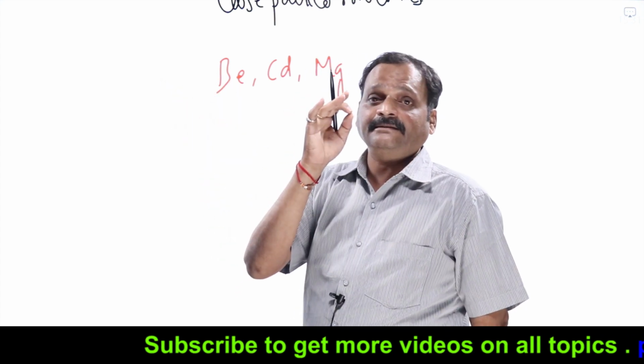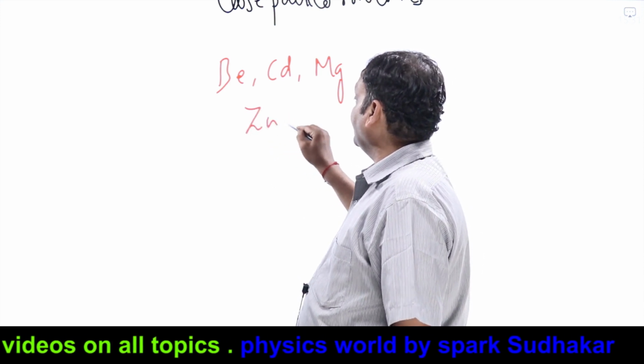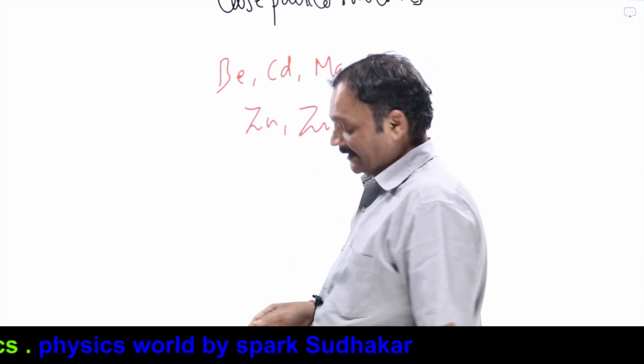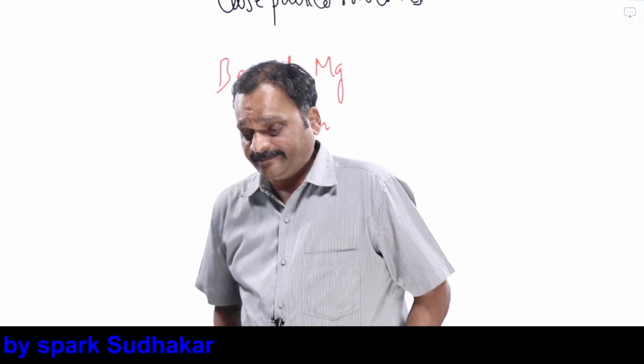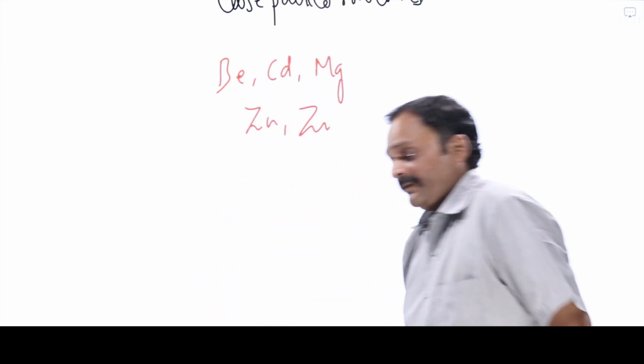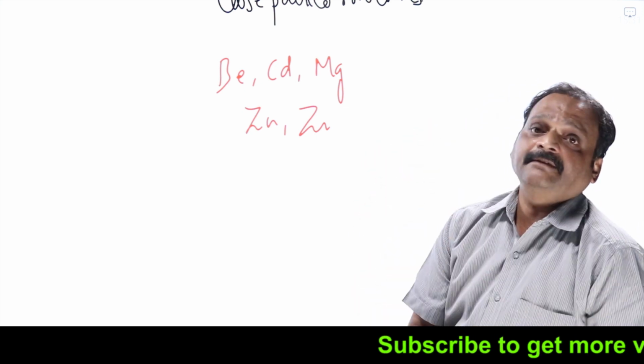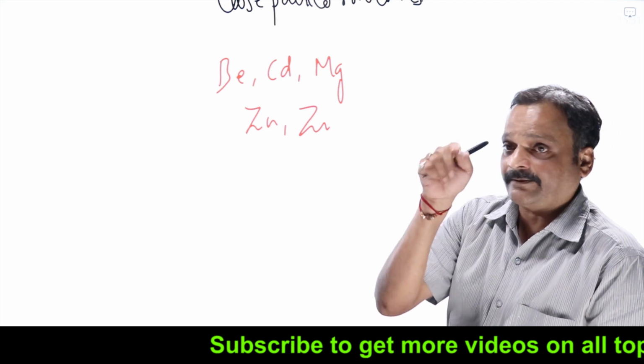We have 22 elements in the periodic table. Zinc, Zn, and zirconium, Zr, and vanadium, these are all HCP. So most of the elements in the periodic table crystallize in HCP structure at room temperature.